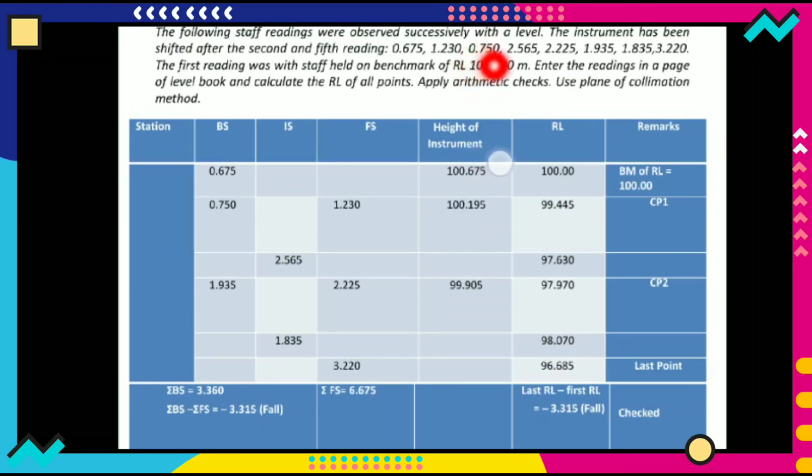After this reading we take 2.565, that is your intermediate sight, and at the fifth reading the instrument is shifted, so this becomes your foresight. After the foresight, the first reading taken is the backsight, so this is again written in front of this, so that is our backsight.